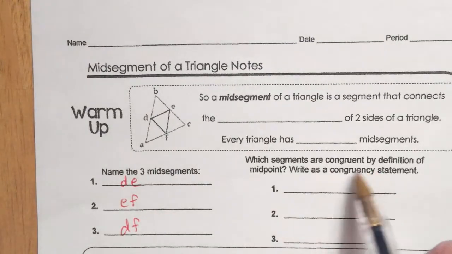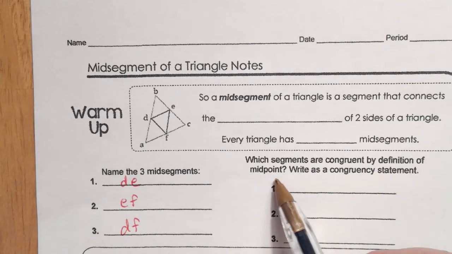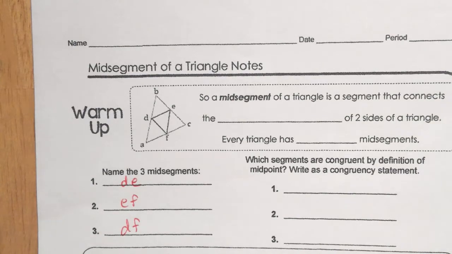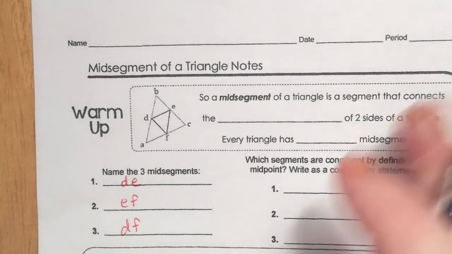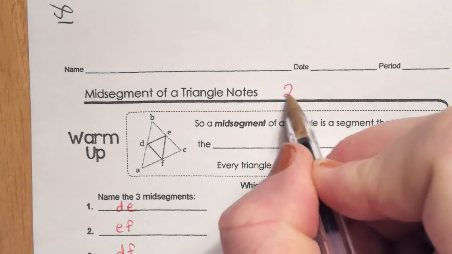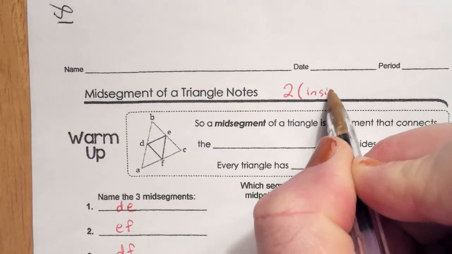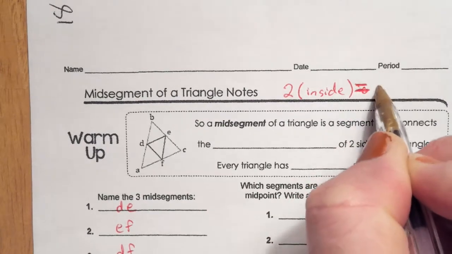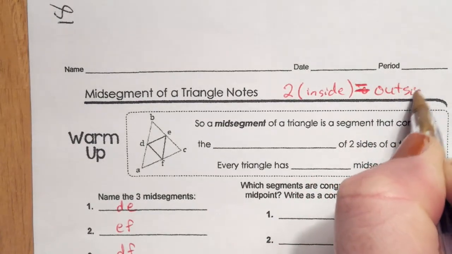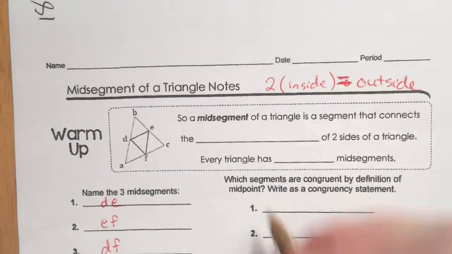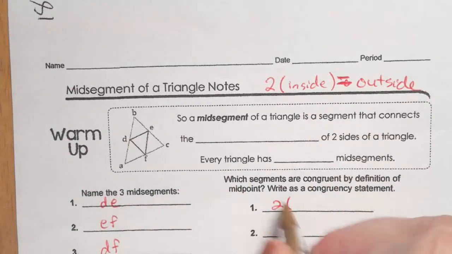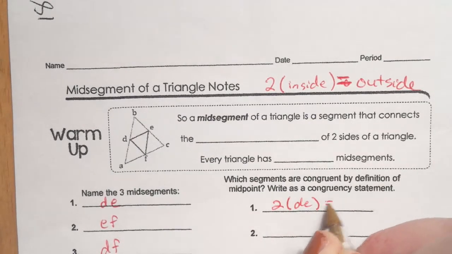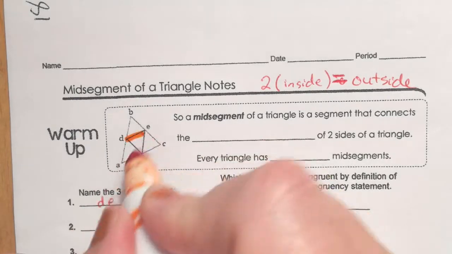Now, which sides are congruent by definition of midpoint? Write the congruent statement. Basically, you're just saying that 2 times the inside equals the outside. So we're going to say 2 times DE would equal, so what's parallel to that?